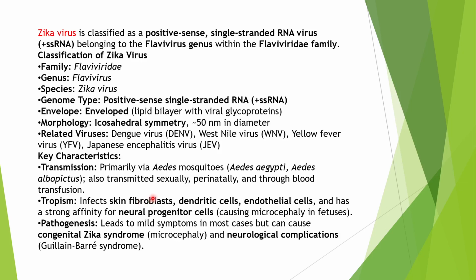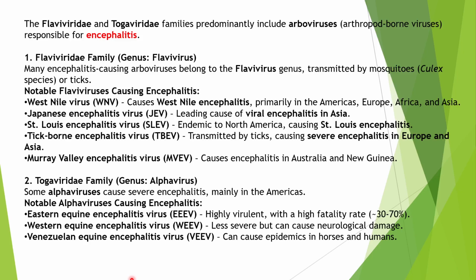It affects the skin fibroblasts, dendritic cells, endothelial cells, and it has a strong affinity for neural progenitor cells, which leads to congenital microcephaly, that is congenital Zika syndrome. So microcephaly leads to having a smaller head and smaller brain, and leads to neurological complications like Guillain-Barré syndrome. So this was about the Zika virus.